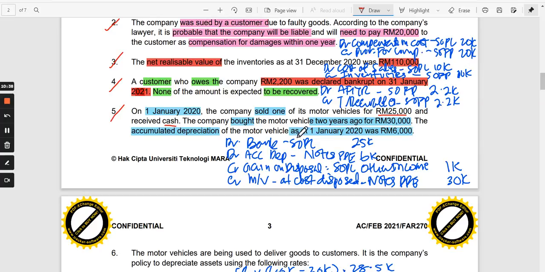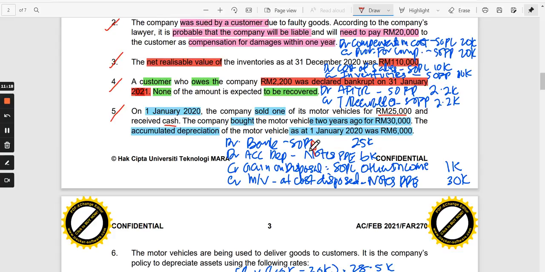The accumulated depreciation also will have to be eliminated, only for the disposed motor vehicle, the one that is being derecognized, for this 30,000 cost, from the date it was purchased 2 years ago up to the date it was disposed. So here is the journal entry, debit bank, that will be in your SOFP here.